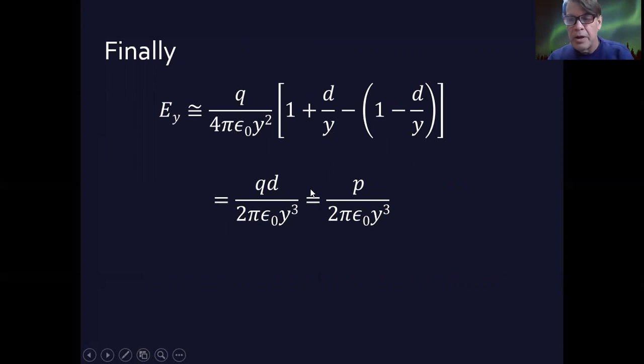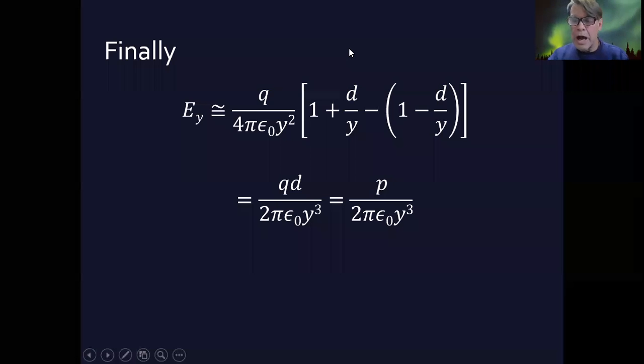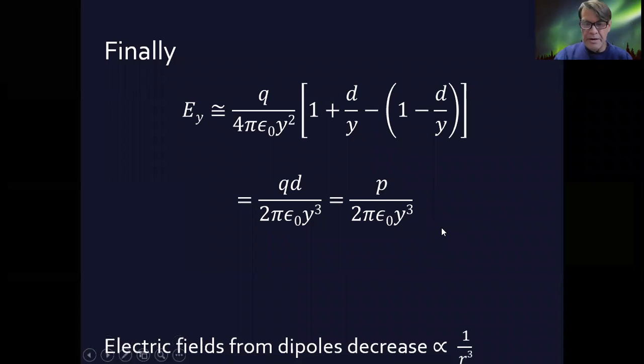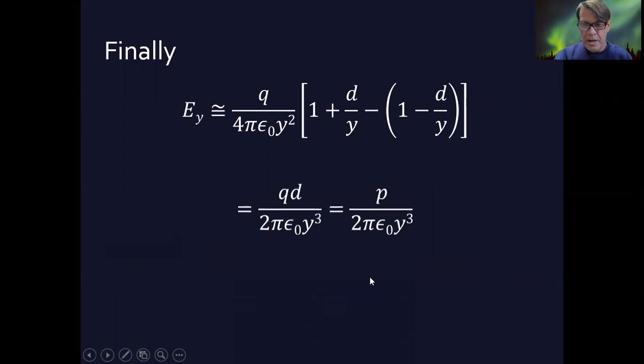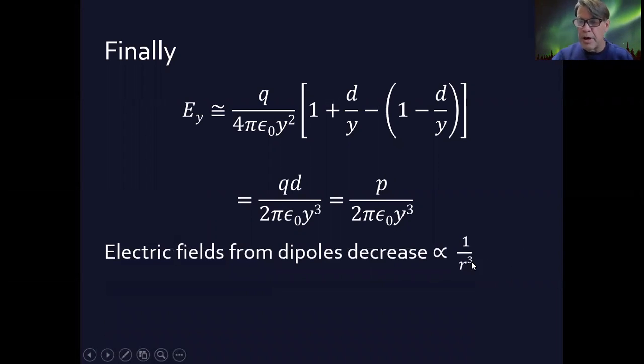So therefore, the electric field at that point, if y is at some distance, is going to be the dipole moment divided by twice pi epsilon naught times the distance y cubed. So actually what we find out here is that electric fields from dipoles in any direction decrease in proportion to the distance cubed, which is interesting.